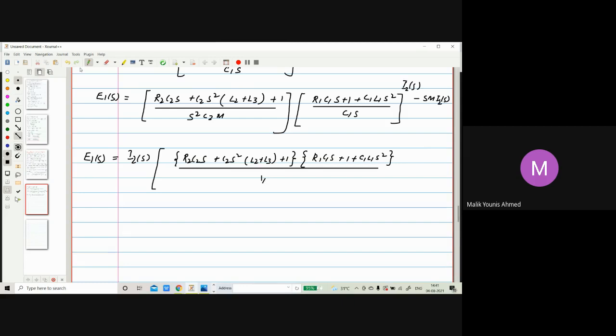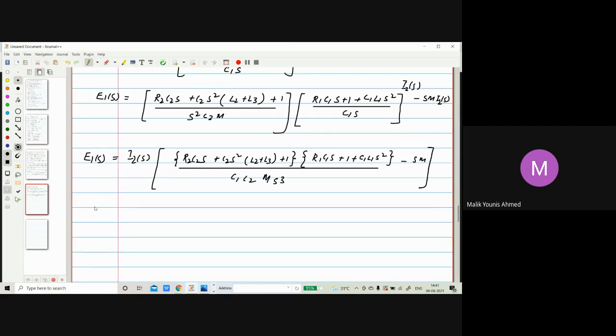That is C1 C2 m s cube. इसको मैं ऐसे रहने देता हूँ. ठीक है, इसमें I2 ही कॉमन लिया हमने खाली. इस टर्म को मैंने कुछ छेड़ा नहीं है अभी तक.